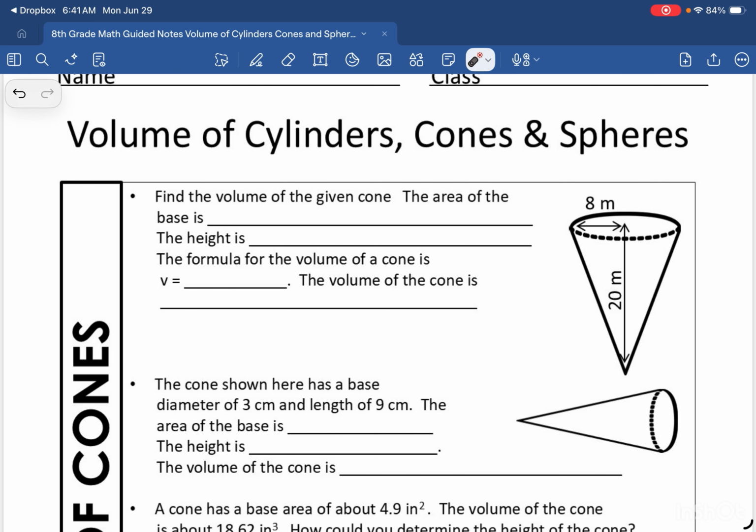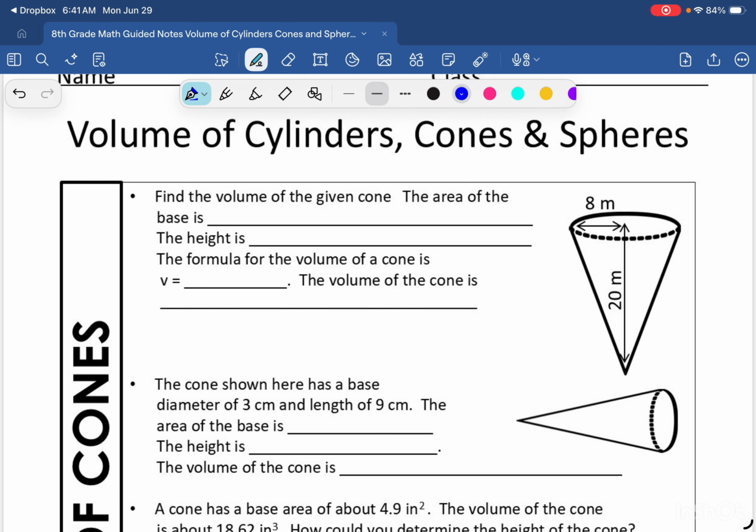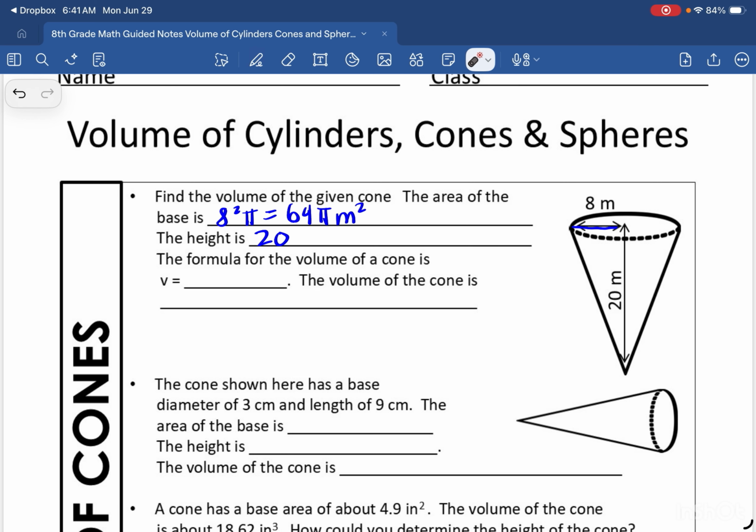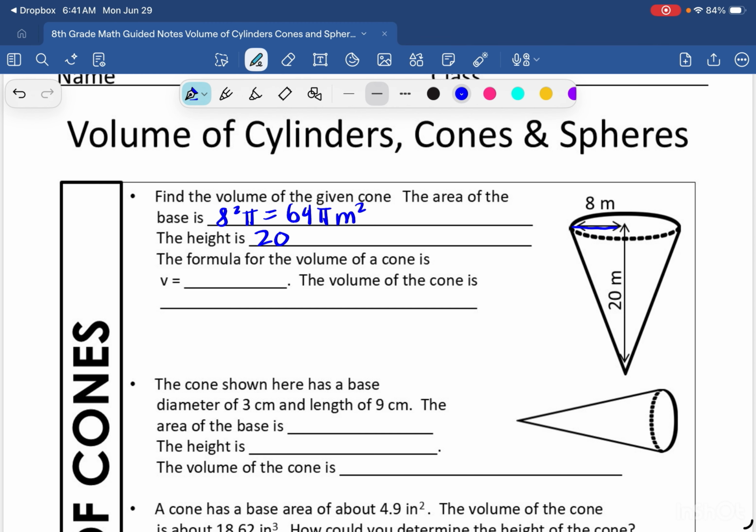Find the volume of the given cone. The area of the base, here's my base right here, it gives me the radius of 8, so my area of the base is going to be 8 squared pi, which equals 64 pi. The height is 20. I can see that right here. The formula for the volume of a cone is pi r squared h divided by 3 because it's 1/3 that of the cylinder.